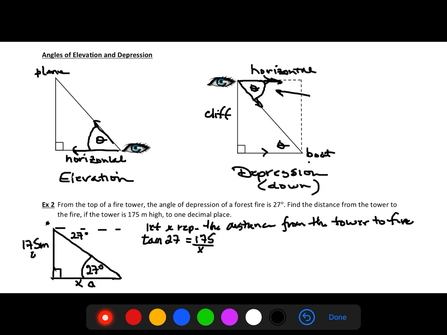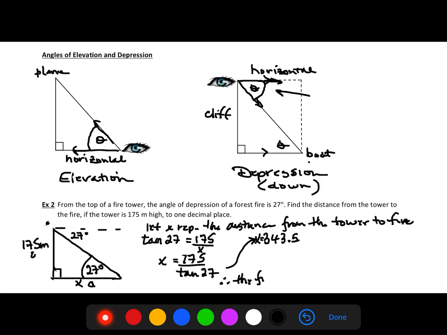So we're going to have to use tangent ratio. So the tan of a 27-degree angle is going to be equal to 175 over x, taking our x to the other side and our tan 27 to the other side as well. And when we put that into our calculators, we find that x is equal to 343. We're looking for a side, so we round to 1 decimal place, 343.5.